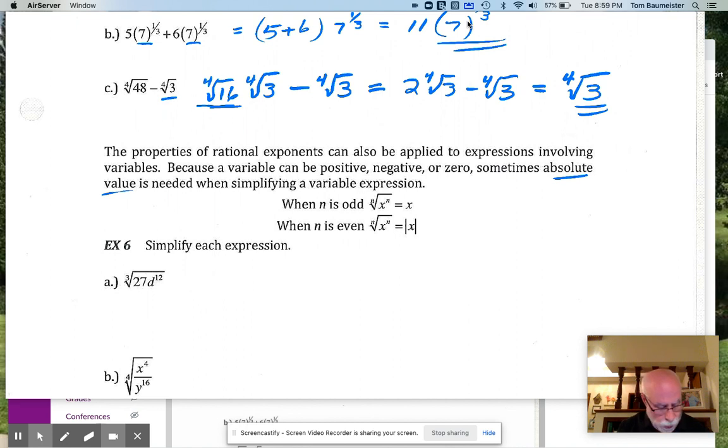So when n is odd, the nth root of x to the n is just going to be x, right? And that one should make sense because remember, we can have a negative under the radical, but we can't have a negative under the radical when it's even. So to fix that, they're saying when n is even, the nth root of x raised to the nth power is equal to the absolute value of x.